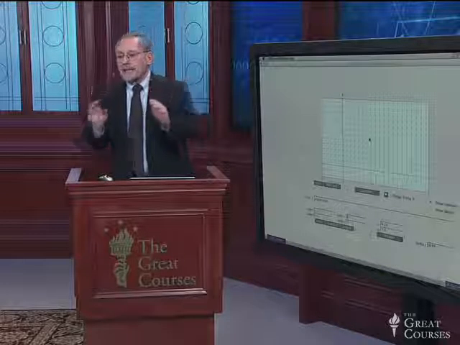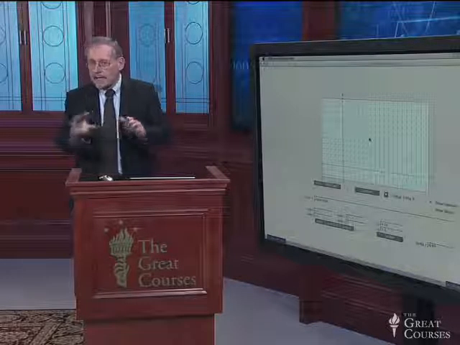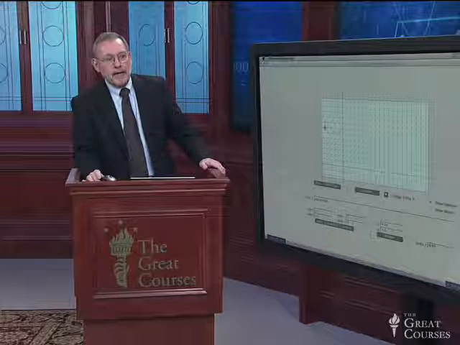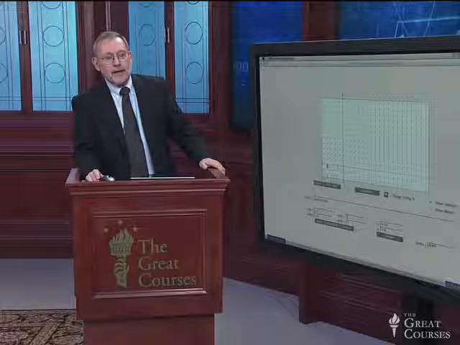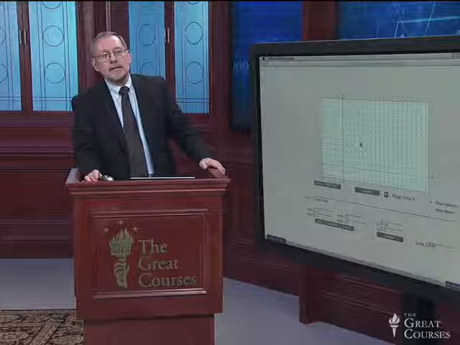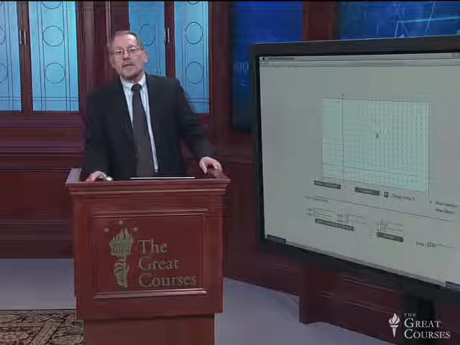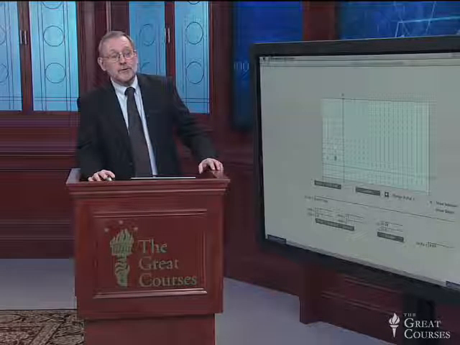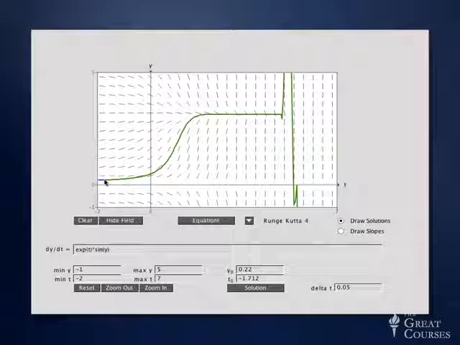So this is a nice right-hand side. We can't have solutions cross. We know we have an equilibrium point at pi and at 0. And we know that solutions are increasing everywhere in between. Let's see what happens when we use the computer to find those solutions.